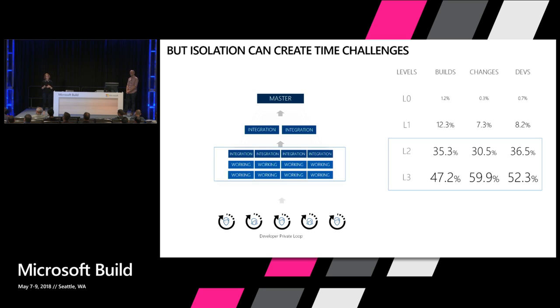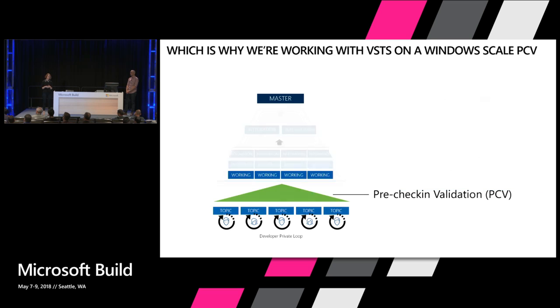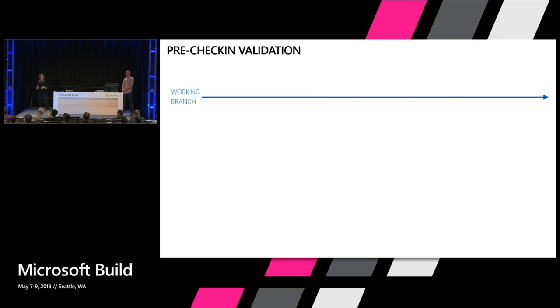So the next place we want to go, that we're partnering with our friends in VSTS on, is how do we do pre-check-in validation at scale? Not a new concept in the industry, not a new concept for many of you, but for us the challenge remains: how do we get that to happen for 7,000 folks working across all of that code and all of those repos? Our concept is a familiar one.